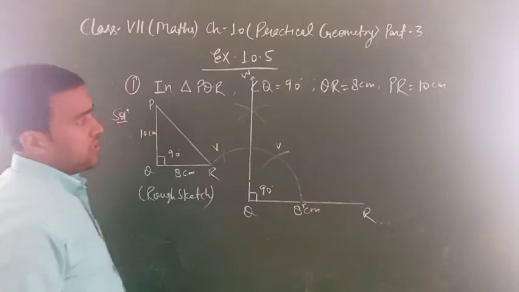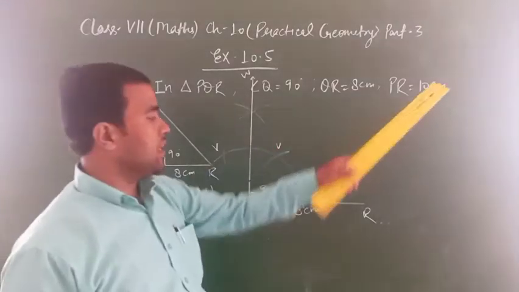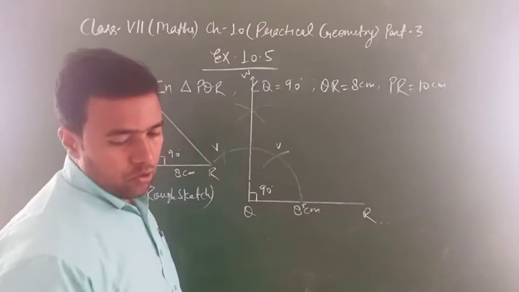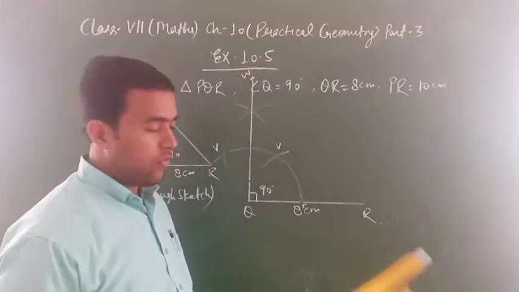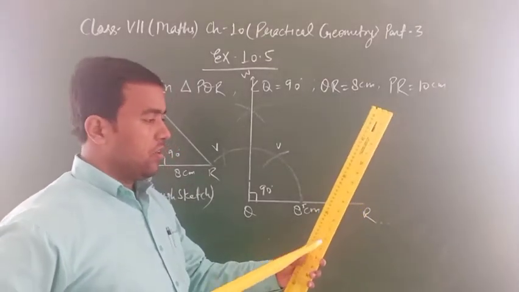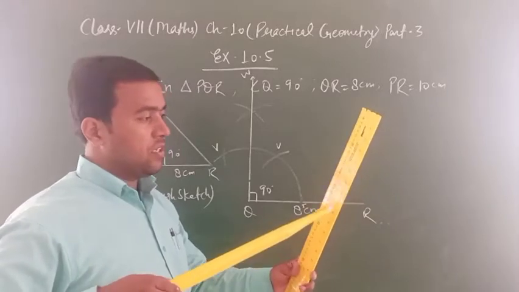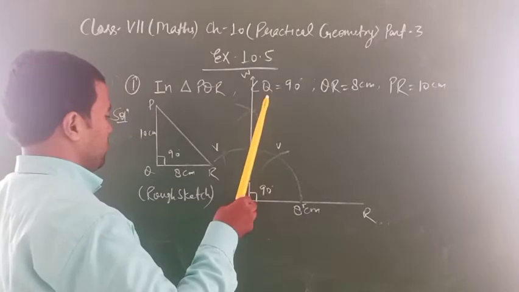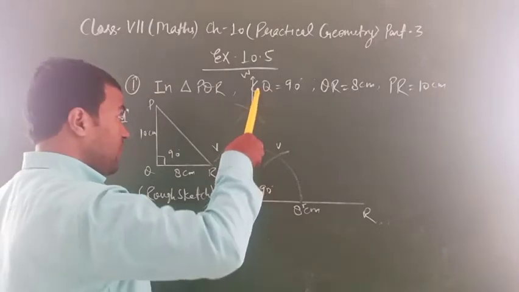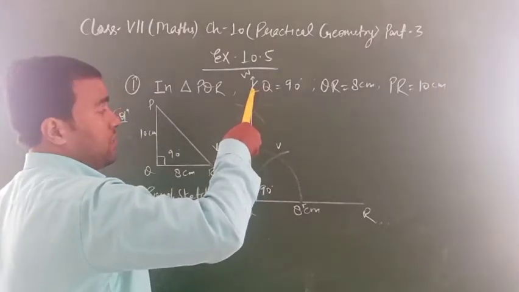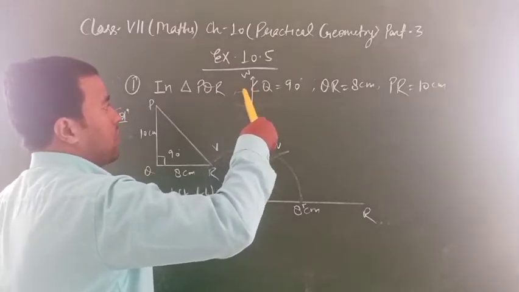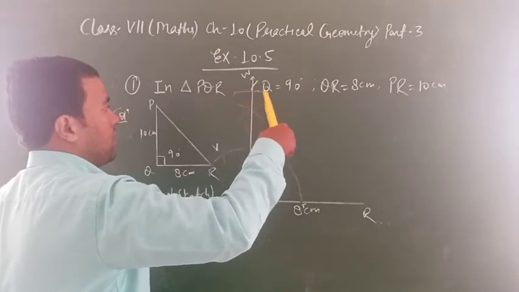Clear? After that, in the question, PR is 10 centimeters. PR 10 centimeters. Clear? So we will take the radius from the scale, 10 centimeters. Okay? So from R, you will keep it here and see wherever 10 centimeters is coming on the ray of QW, so you will cut one arc like this.